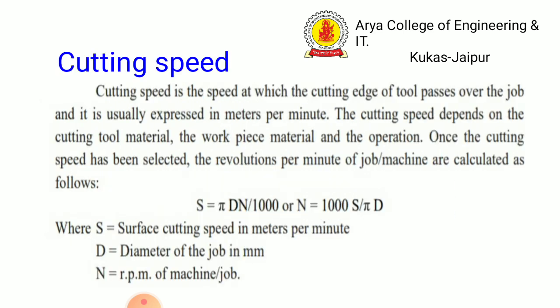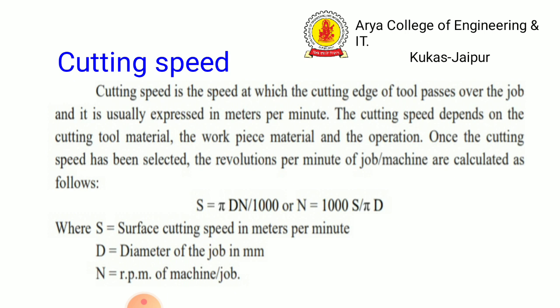So this is the machining time. Now, what is cutting speed? Cutting speed is a very important part during the calculation of machining time. Cutting speed is the speed at which the cutting edge of the tool passes over the job, and it is usually expressed in meters per minute. The cutting speed depends on the cutting tool material, workpiece material, and operations.